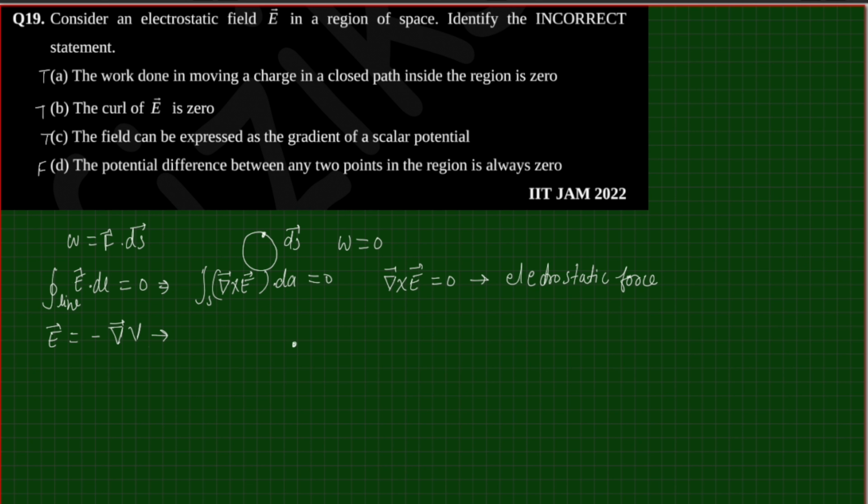Because for any 2 points, with potentials V and V prime, the potential difference will only be 0 if V equals V prime, and this is not always the case. The potential difference may be nonzero if V is not equal to V prime. So the incorrect statement is D.